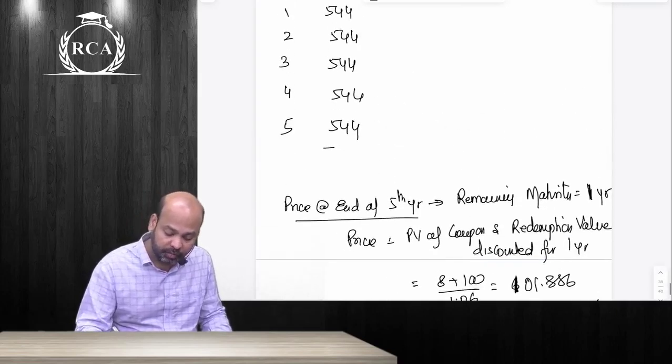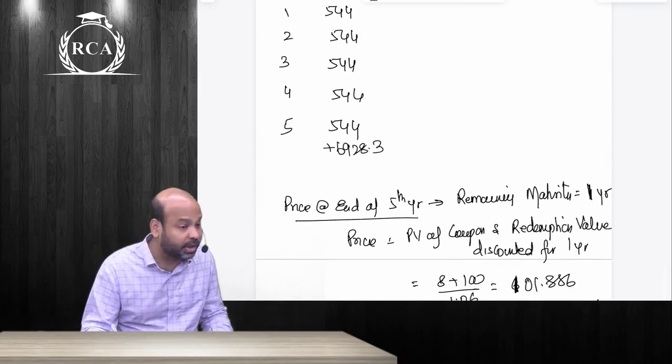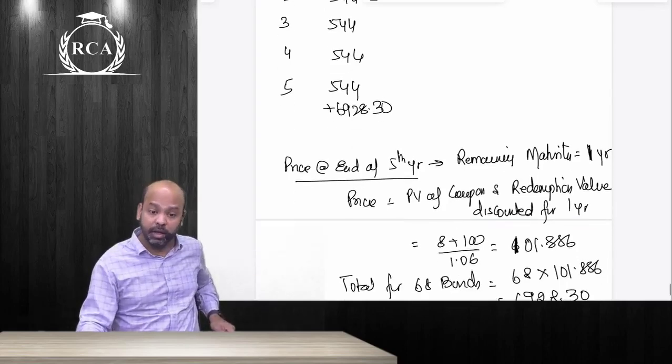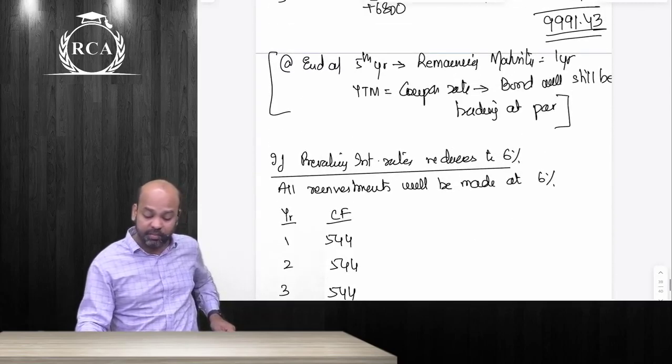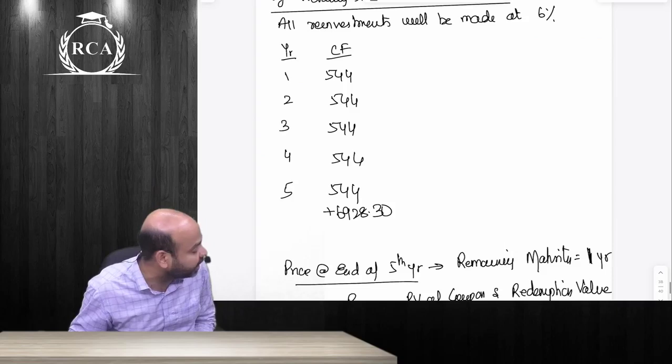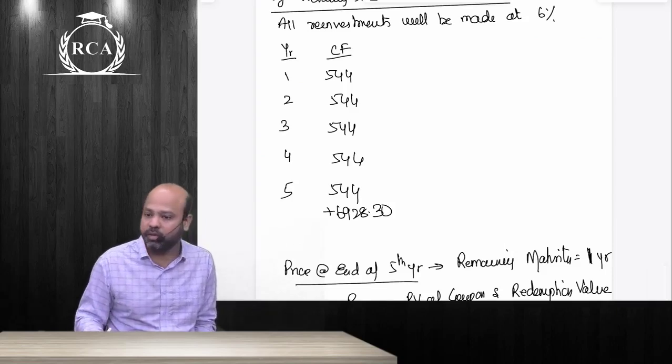Your reinvestment income is reducing, guys, but that is getting offset by price increase. Are you not selling bonds at a higher price? In the previous case you sold bonds only for 6,800, but now we are getting 6,928.30.